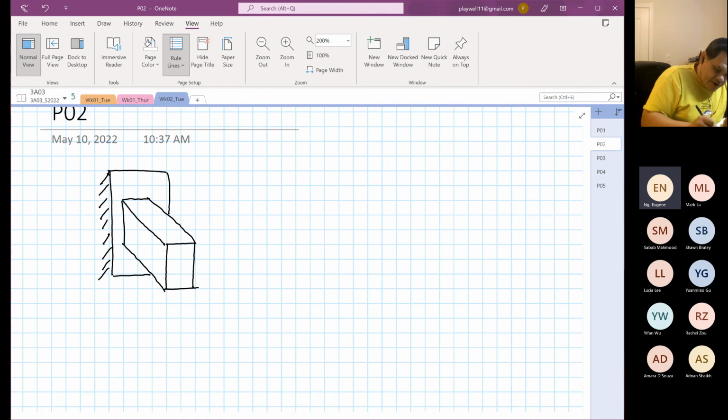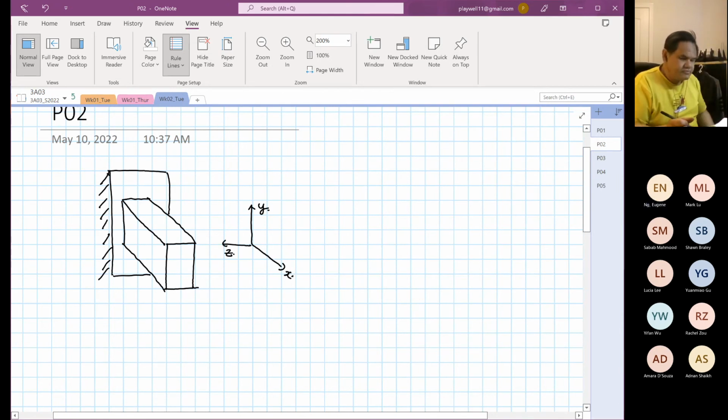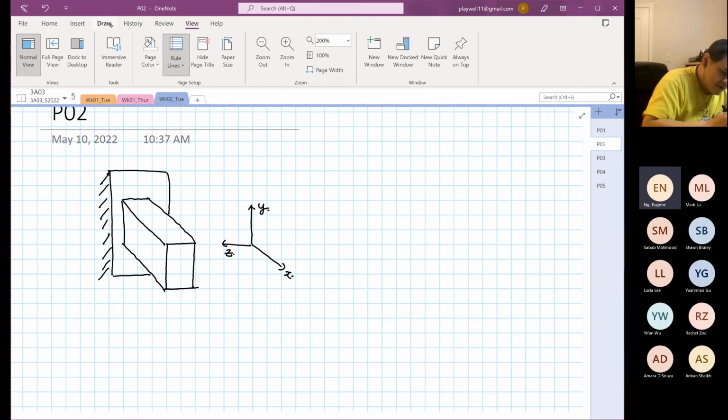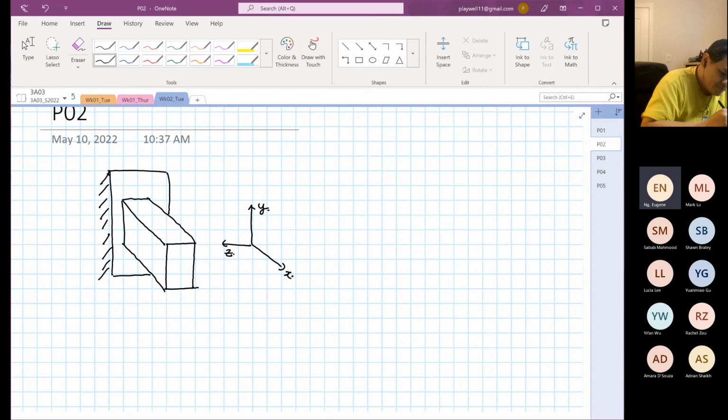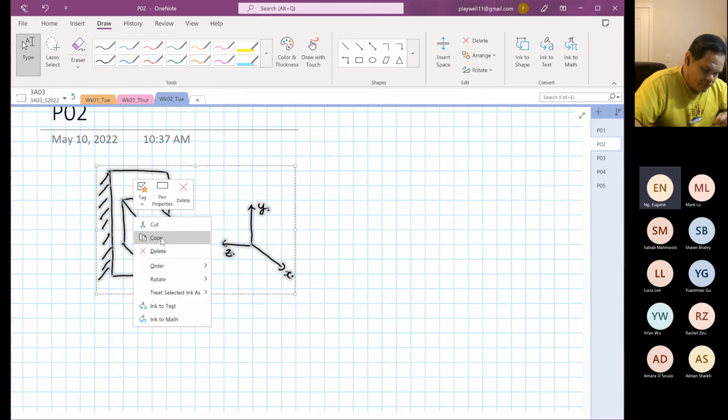And then I will sketch our transformation. This is my X, this is our Y, and over here this is our Z. Now, if we have a moment acting along the Z-axis, so what do I mean by that? I'm going to copy and paste this twice, so later on I don't need to draw again.